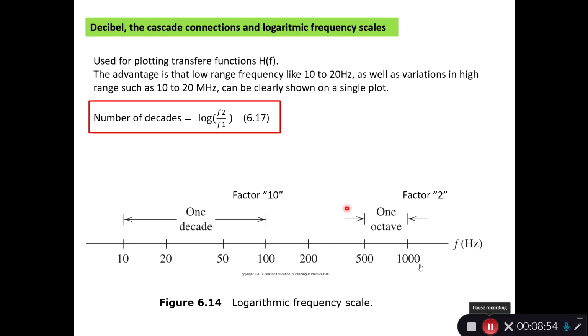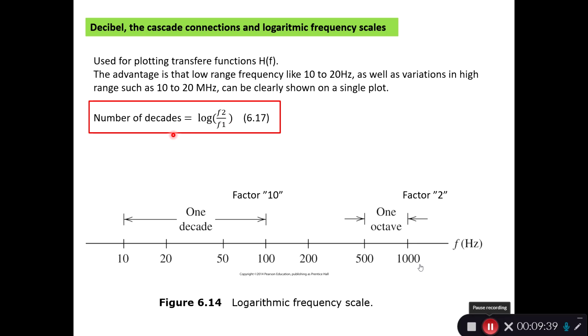We could also use 1 octave. Perhaps some of you play a music instrument. Then you know 1 octave is a factor of 2. So a jump of 2 from 500 Hz to 1000 Hz, that would be a 1 octave, a jump in 2. In order to find out how many decades we have to sketch, we normally take the end frequency we are interested in showing and divide it by the starting frequency, and then take the logarithm of it.